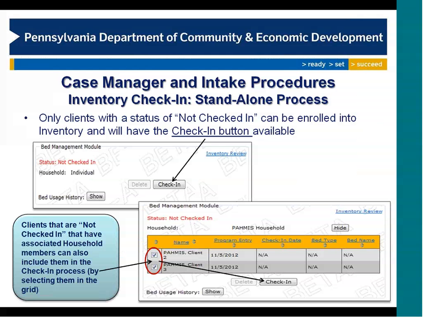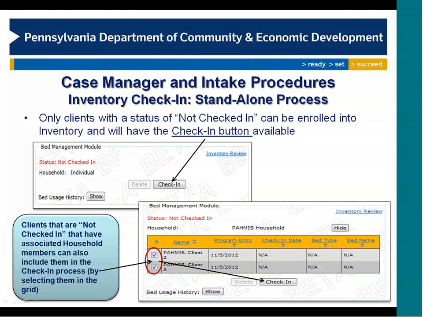Now, as we said, there are functions directly within this bed management module, which you can do individually or with a household. If you're an individual person, you just click the check-in button. It's always available when the status is not checked in, and it takes you through the process. If you do have household members available and you want to include them in whatever process you're doing, you just check these boxes. You need to make sure you check the household members before you do the process.